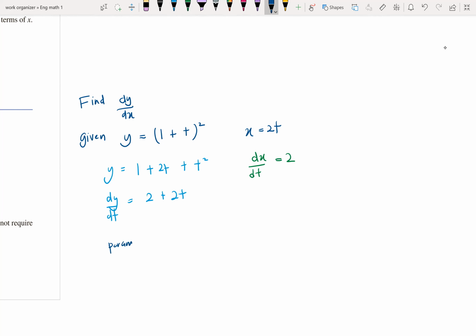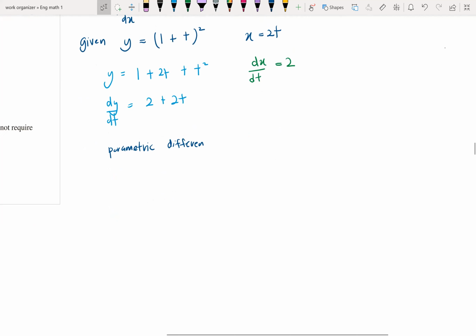So for parametric differentiation, we have dy over dx equal to dy over dt, not multiplied but over dx over dt. The upper term will be the same, dy over dt, and the lower term will be the same, dx over dt.